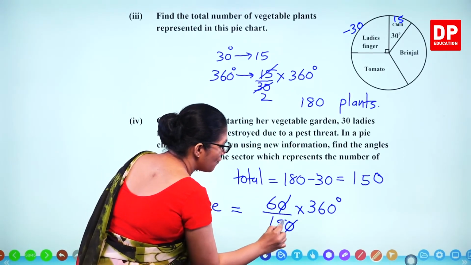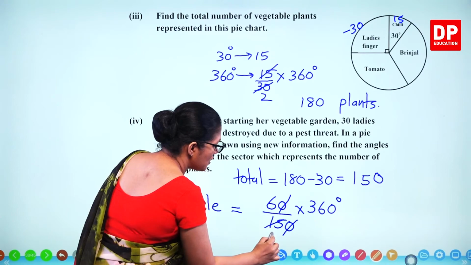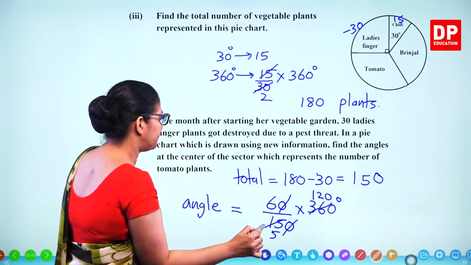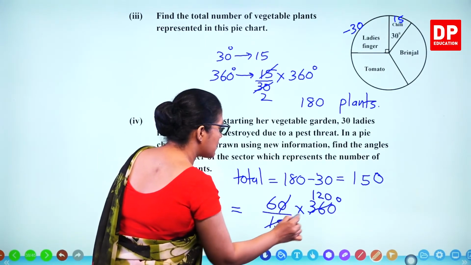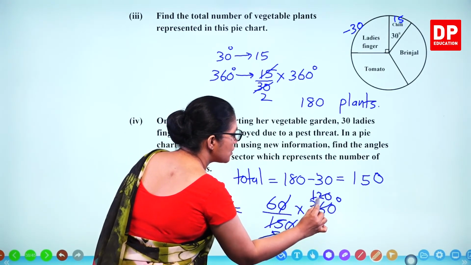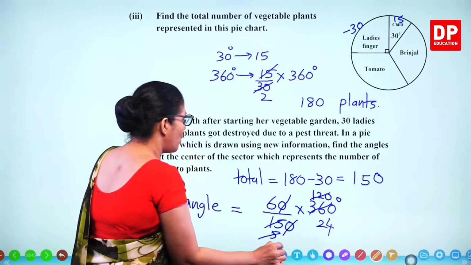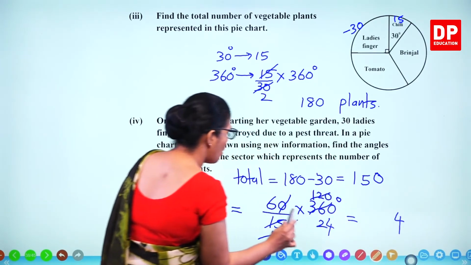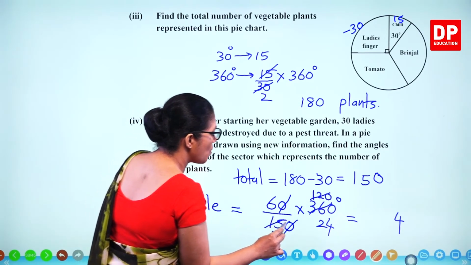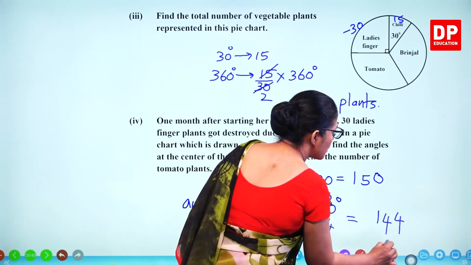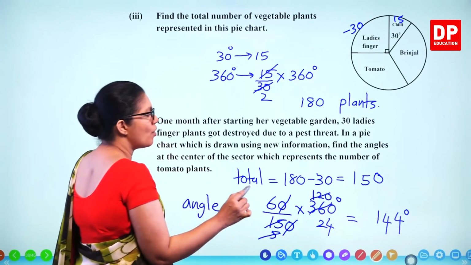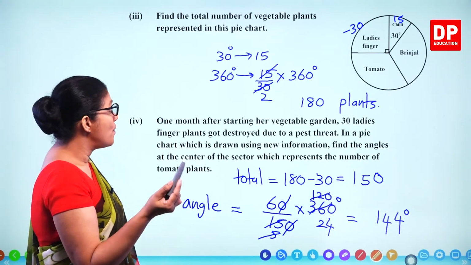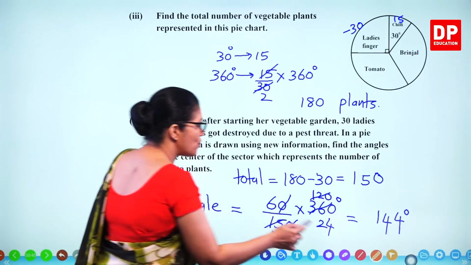So 15 means 3 times 5, 3 times 120... 5 times 120, 5 times 2 is 10, and 4. 6 times 24. 6 times 4, 24. 2 remaining. 6 times 2, 12, plus 2, 14. So 144 degrees. Earlier, that was 120 degrees. Now, the new angle is 144 degrees.